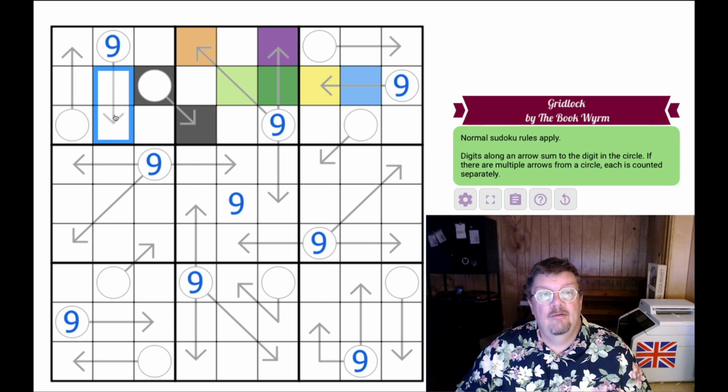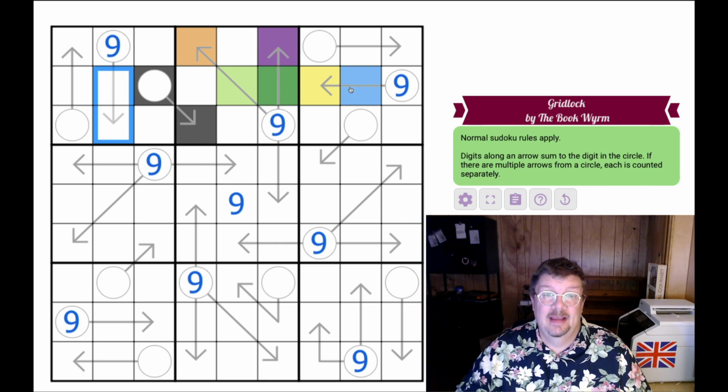But now this 9 sum sees black in its box, so both digits see black. It can't be the black and whatever other colour I'm going to choose in a moment 9 sum. So that means that if it's not the black 9 sum, it must be one of these others.